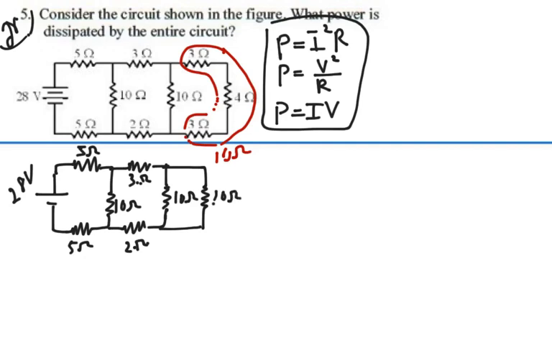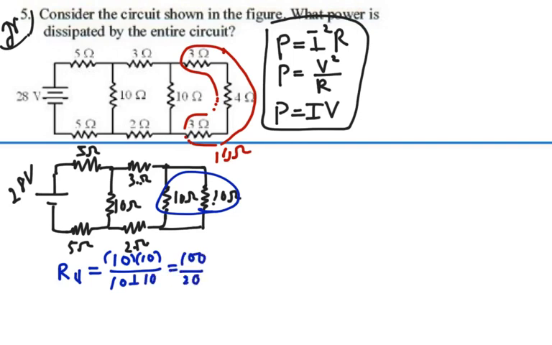So now we have a parallel combination of a 10 ohms with a 10 ohms. Our parallel will be product over the sum, 10 times 10 over 10 plus 10 will give us 100 over 20 or 5 ohms.